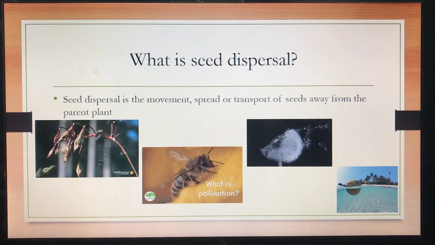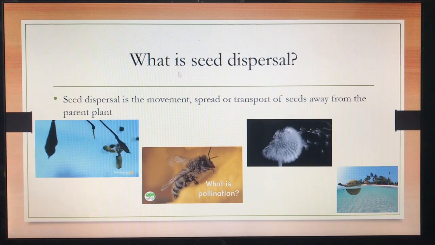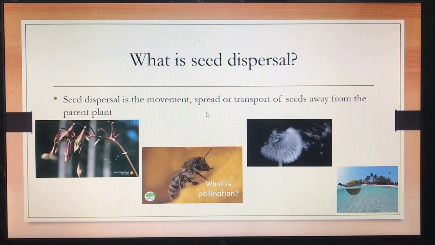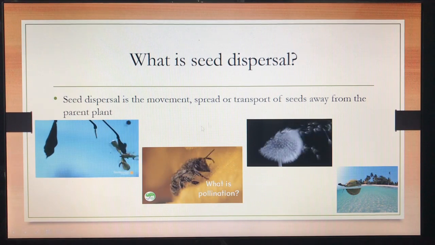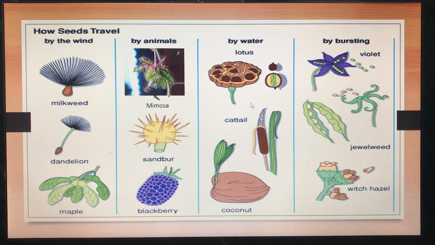First we need to identify what seed dispersal is. Seed dispersal is the movement, spread or transport of seed away from the parent plant. There are a few ways that seed will be dispersed: first by wind, then by animals, by water, or by bursting.